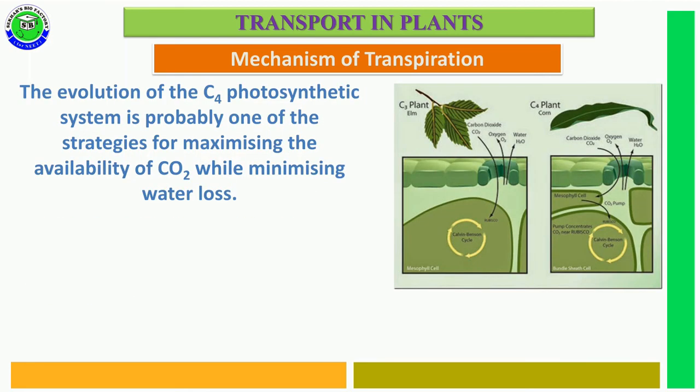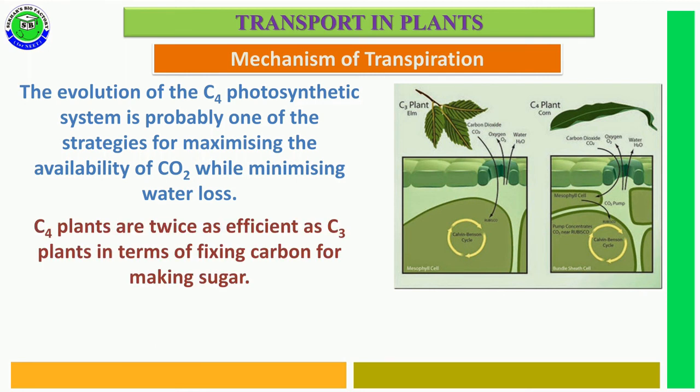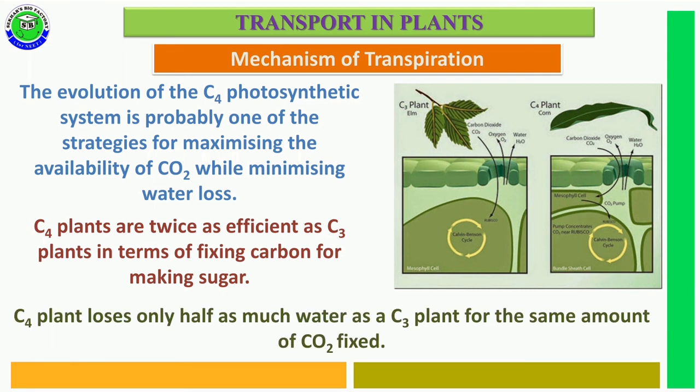The evolution of C4 photosynthetic system is probably one of the strategies for maximizing availability of CO2 and minimizing water loss. The C4 plants are twice as efficient as C3 plants in terms of fixing carbon for making of sugars or carbohydrates.